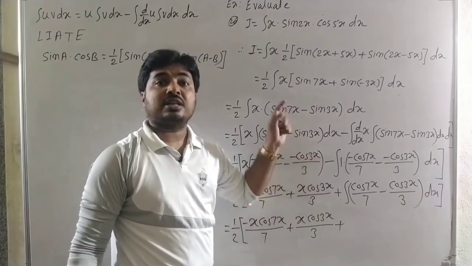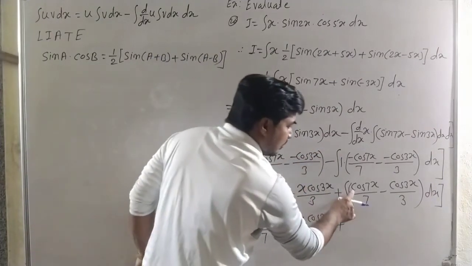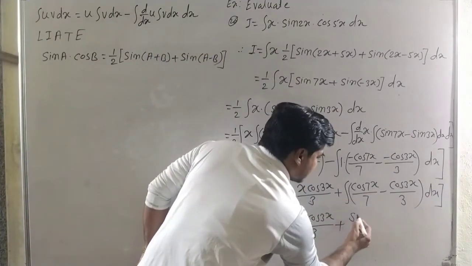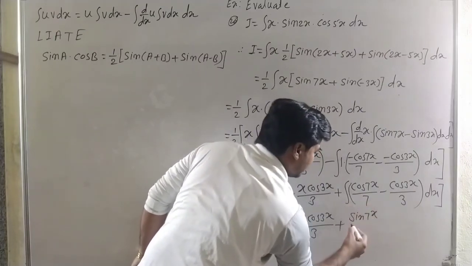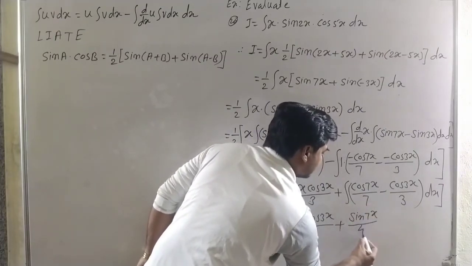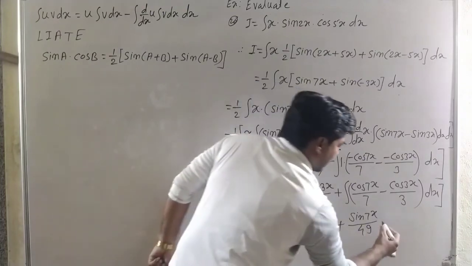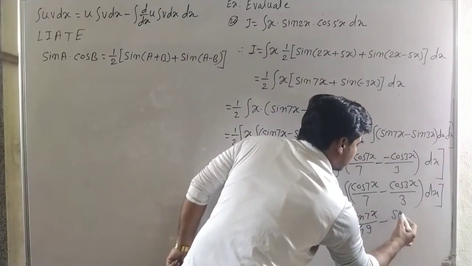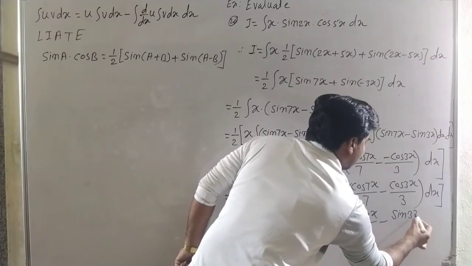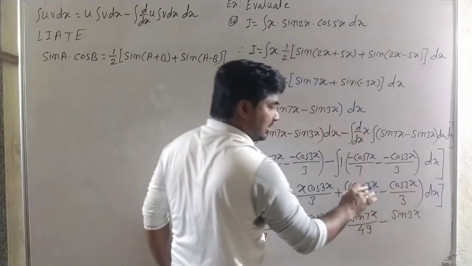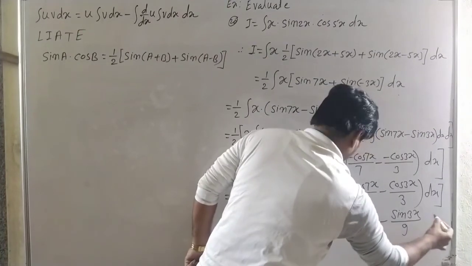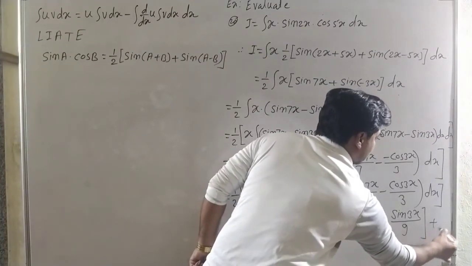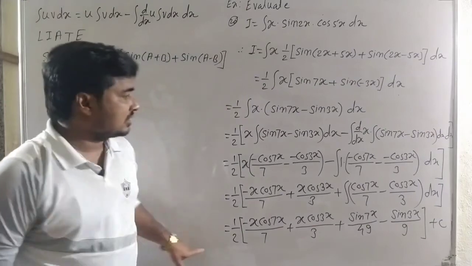The integral of cos x is sin x, but here the integral of cos 7x is sin 7x upon 7, and already it is upon 7, so you can directly write 49. Again minus sin 3x, the integral of cos 3x is sin 3x upon 3, already here in the denominator 3, therefore it is 9, and then here plus c. It is our last answer.